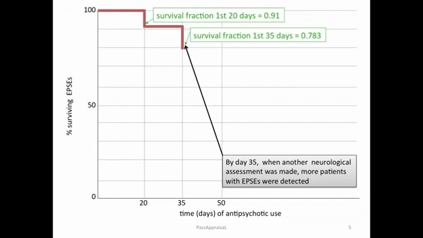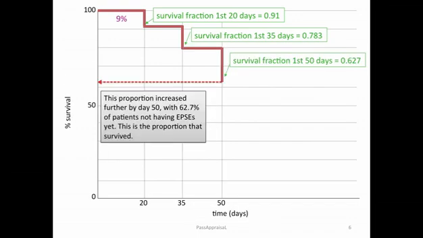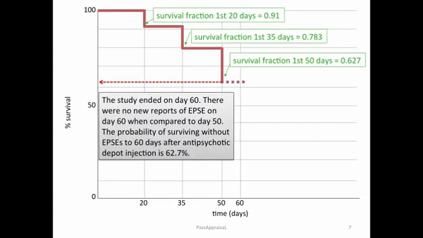By day 35, when another neurological assessment was made, more patients with EPSEs were detected. This proportion increased further by day 50, with 62.7% of patients not having EPSEs yet, while the remaining have developed EPSEs. This is the proportion that survived, 62.7%, by day 50.